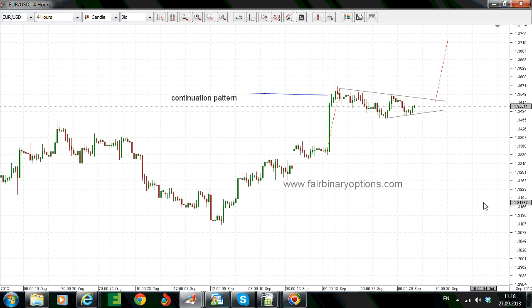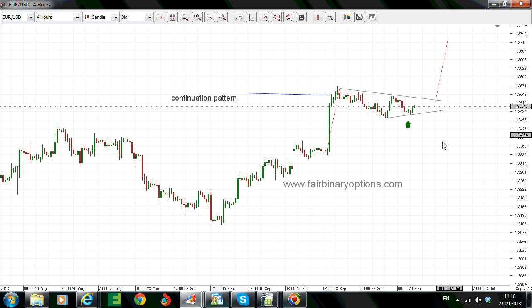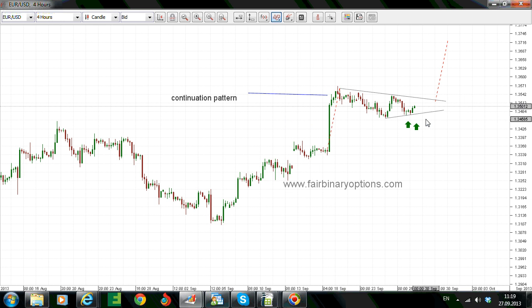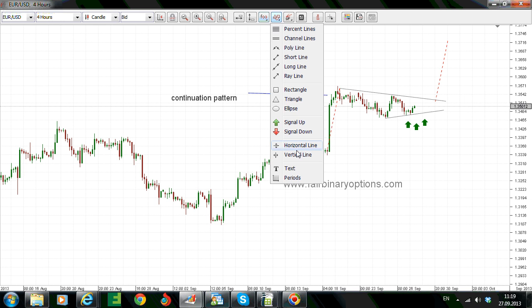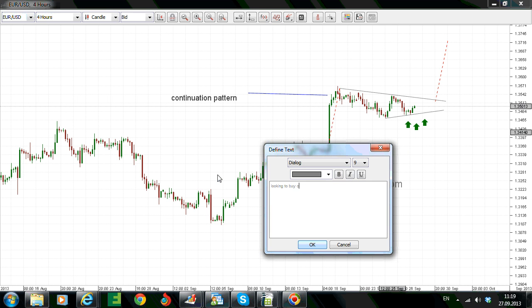So we basically have two possibilities for choosing the appropriate expiration date for our binary options. First of all, we are looking to buy calls, as we are looking for this continuation pattern to break to the upside. Looking to buy calls.